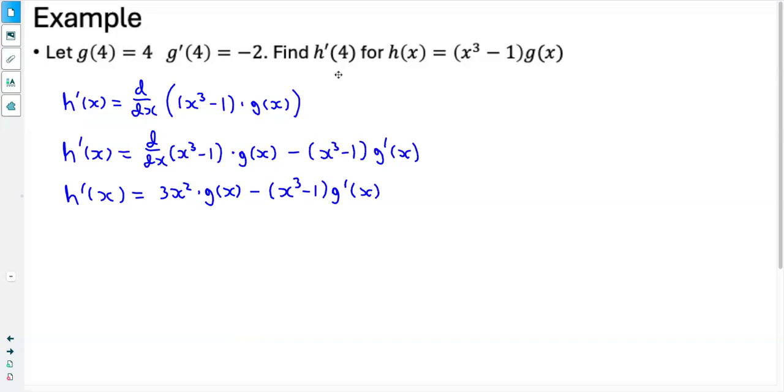So at this point, we're looking for h prime of 4.